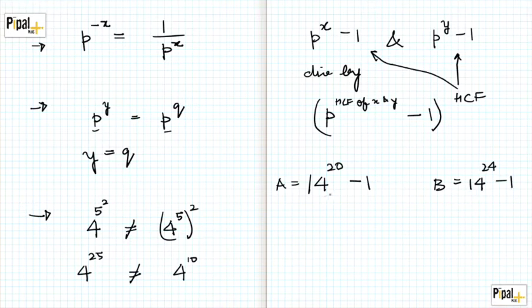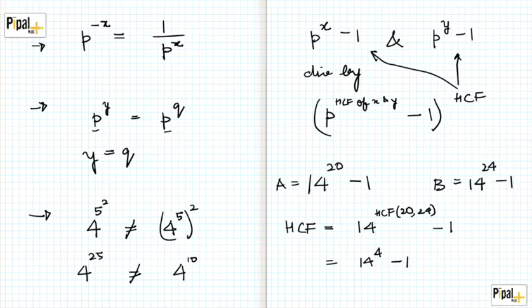If we were to find the HCF of A and B, then it is going to be 14 to the power HCF of 20 and 24, minus 1. So HCF of 20 and 24 is 4. So our answer is 14 to the power 4 minus 1. So this number is the HCF of A and B.